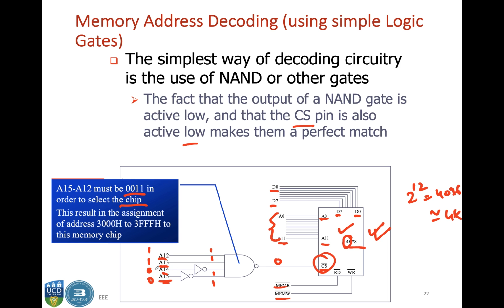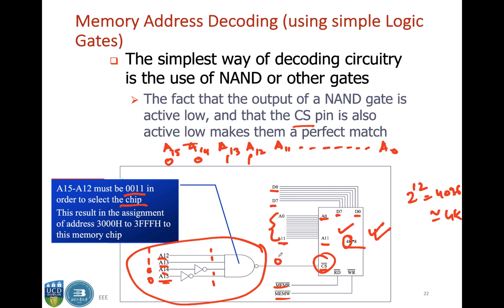If you write down A15, A14, A13, A12, and then A11 to A0, the first part is fixed. This has to be 0011 because your decoding circuitry is such that to activate this memory chip, you have to have 0011 in A12 to A15.